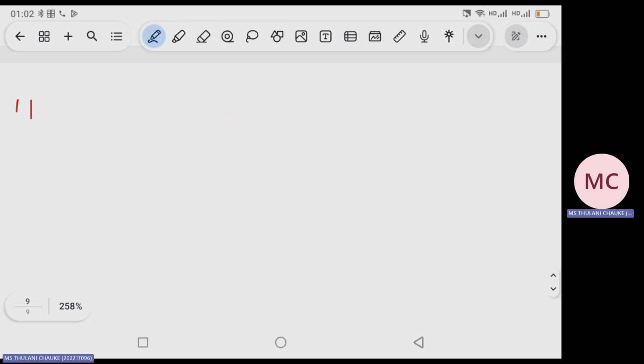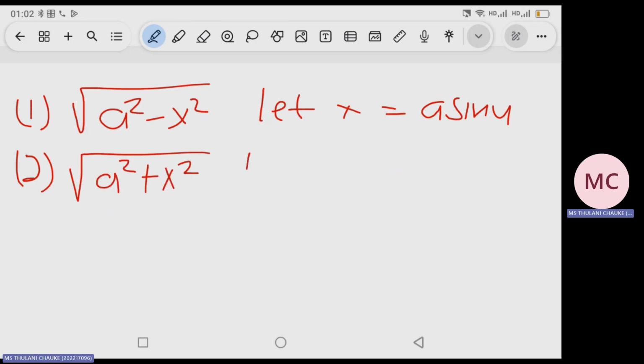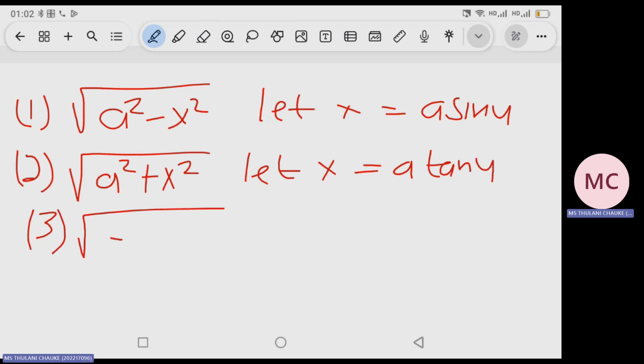The first condition is when we are having the integral of a squared minus x squared, we are going to let x be equal to a sine u. Second, when you have the integral of a squared plus x squared, you let x be equal to a tan u. Then the third one, when you have the integral of x squared minus a squared, you let x be equal to a sec of u.